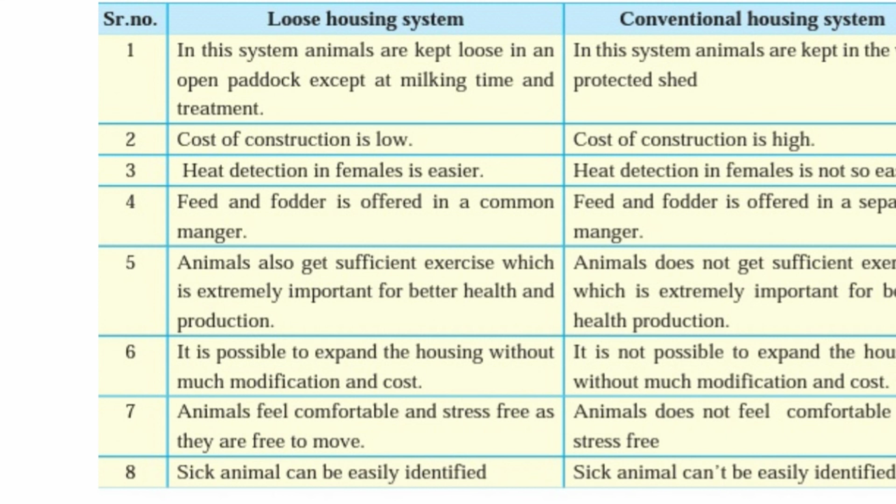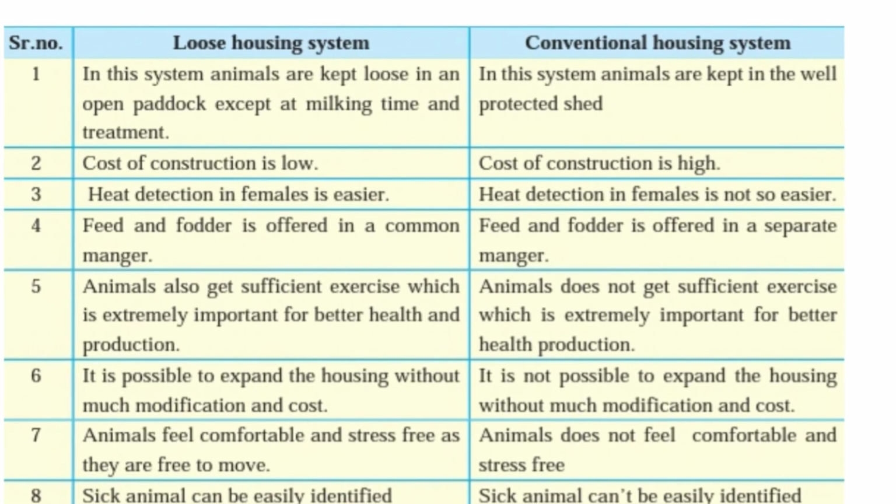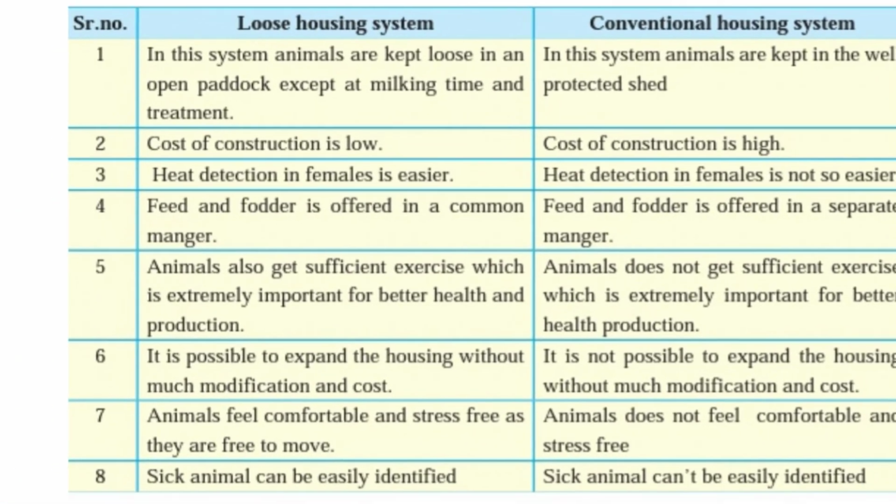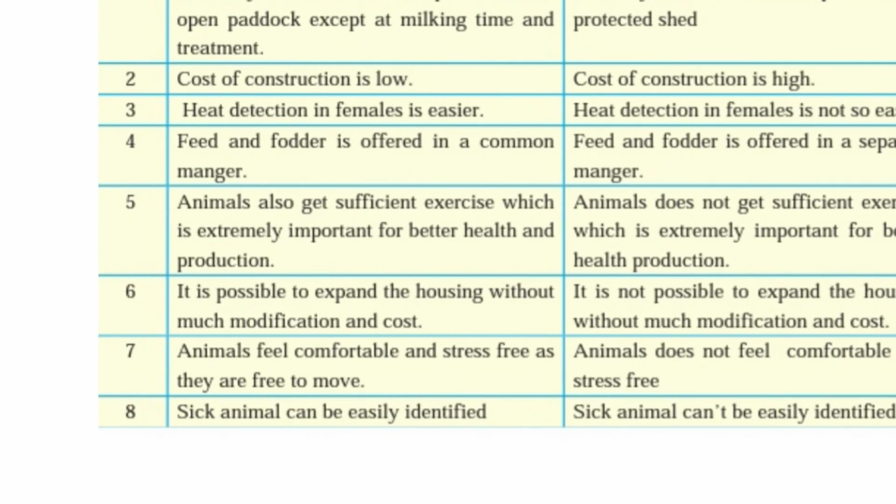In loose housing system, animals are free to move, so they get sufficient exercise. The case is different in conventional housing system. They are not free to move. Then the loose housing system is flexible. That is the merit of this system.